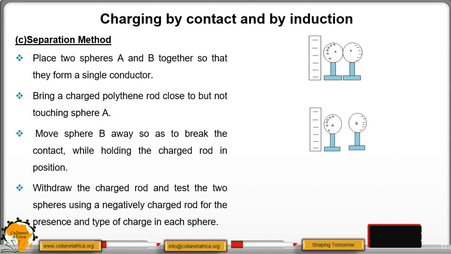Then after that, we are supposed to withdraw the charged rod and test the two spheres. You can test whether they are positively or negatively charged by using a negatively charged rod. As shown here, we have removed the rod, and now the charges in A have redistributed and the charges in B have redistributed. So A becomes positively charged and B becomes negatively charged.